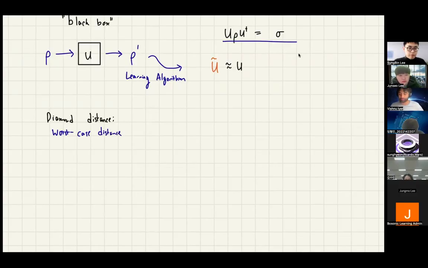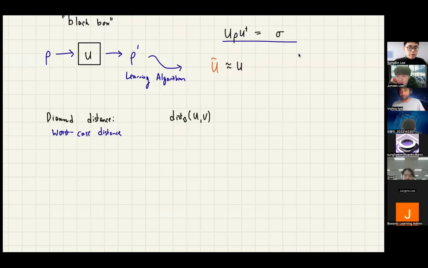Okay, so I'm going to write down the definition of this diamond distance, and then I'll explain what it means intuitively. So the diamond distance between, pretend this is a diamond. This is supposed to be a diamond. I'm just not very good at drawing.